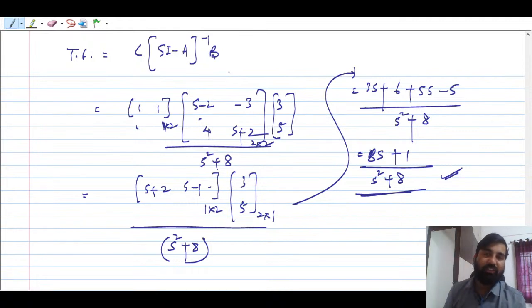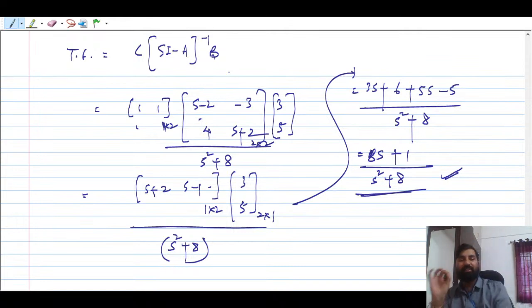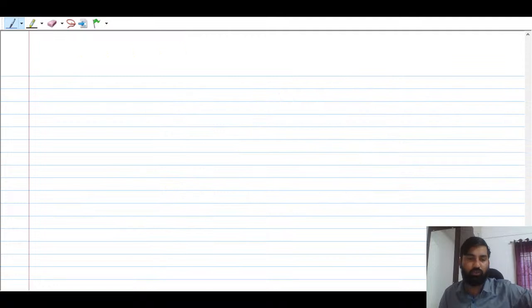So don't make mistakes, guys, while multiplying two matrices. The basic requirement is how to multiply two matrices, that's it. Now from here you can find the poles and conclude various things.